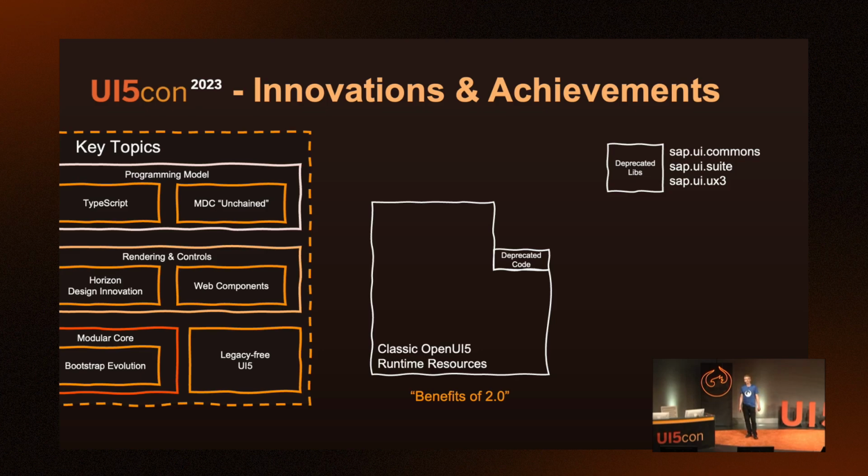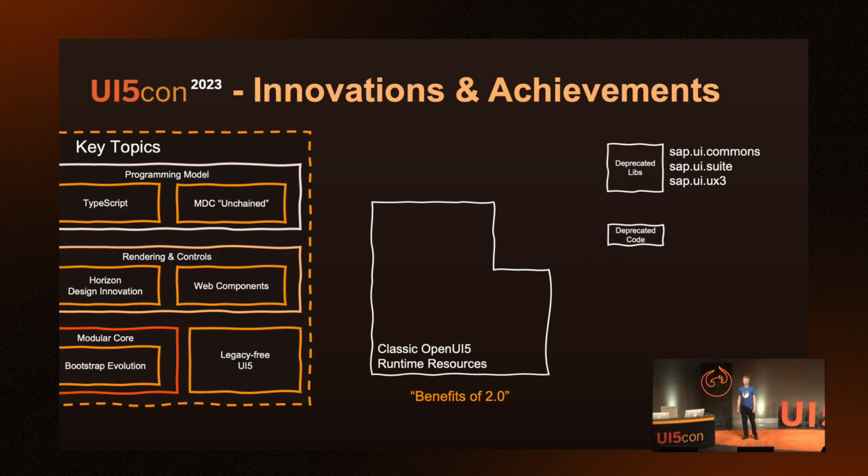It's not that much, but what's more interesting and more important is that it makes maintenance easier and leaves out the old stuff. And by the way, the comparison is against the classic OpenUI5. That's the runtime resources without web components, and it's the preloads, the messages for one language, for the English locale, and the Horizon themes.